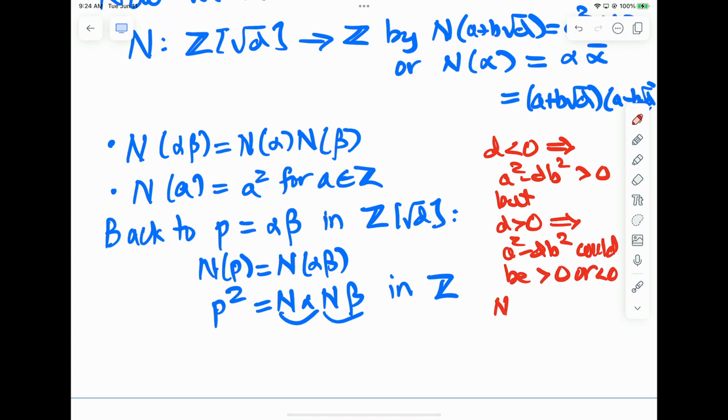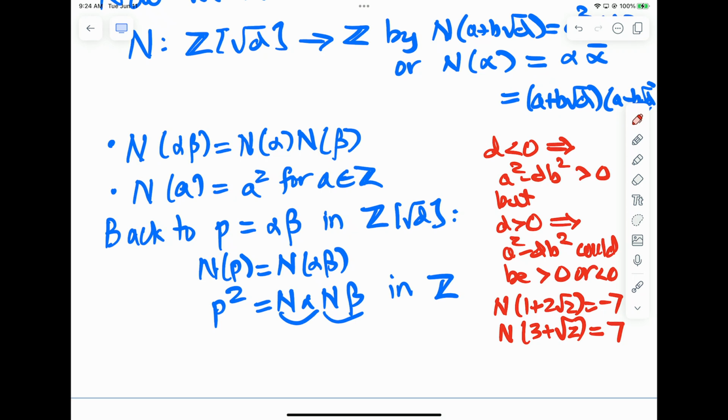So for instance, the norm of 1 plus 2 root 2 is 1 squared minus 4 times 2, which is negative 7. The norm of 3 plus root 2 is 9 minus 2, which is 7. So you need some experience working with this to be able to make these calculations in your head, but you can just sit down and work out the formula.